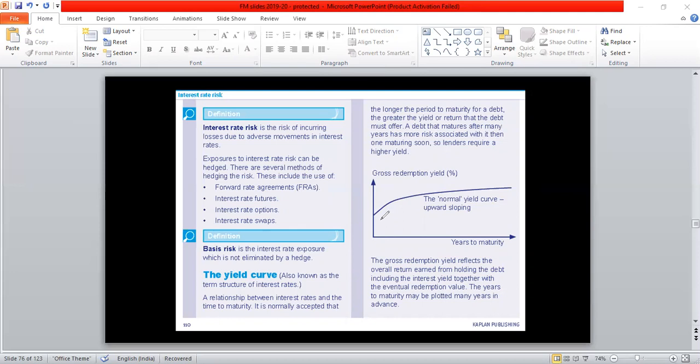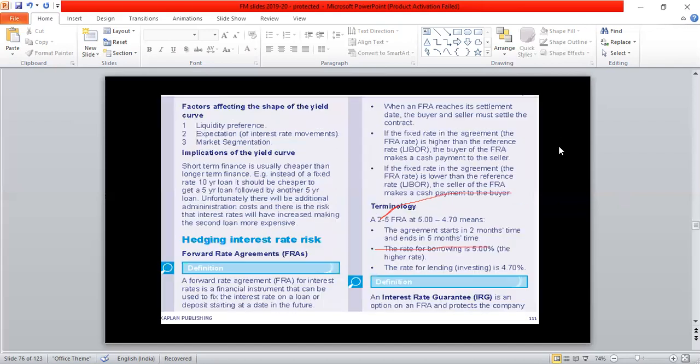We've understood that as the term period extends, the years to maturity increase, there is an impact on the yield rate. The rate of yield is increasing as the number of years to maturity keeps increasing.